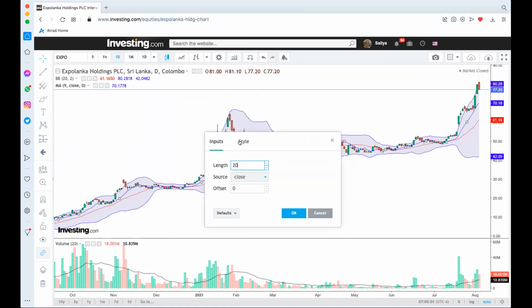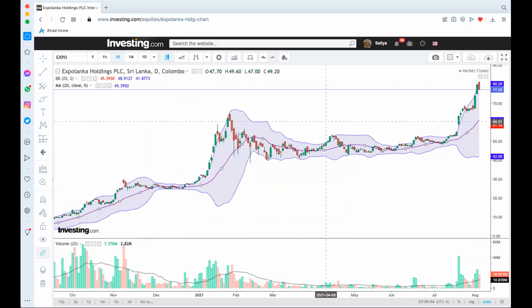If you increase the length of the simple moving average to 20, you will see that it overlaps that middle line. So basically, when we are looking at the Bollinger Bands, we call this the middle line, this the upper band, and this the lower band.